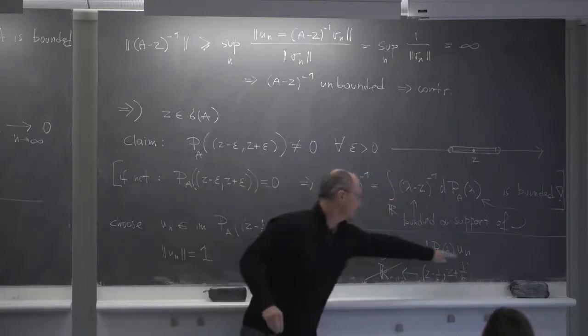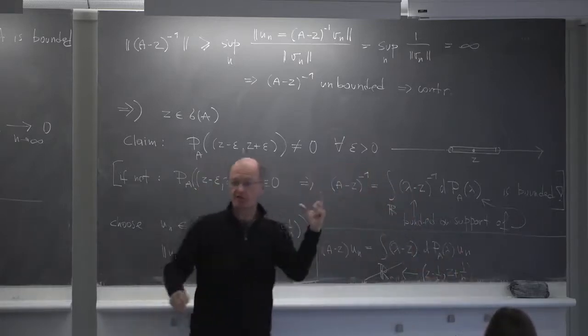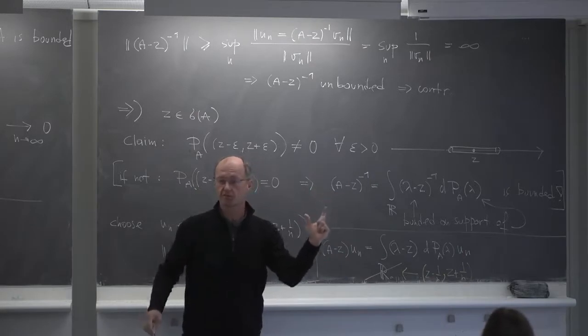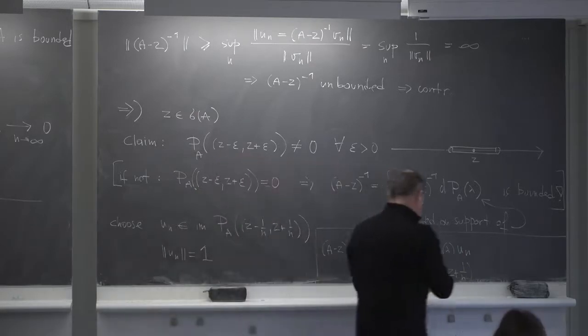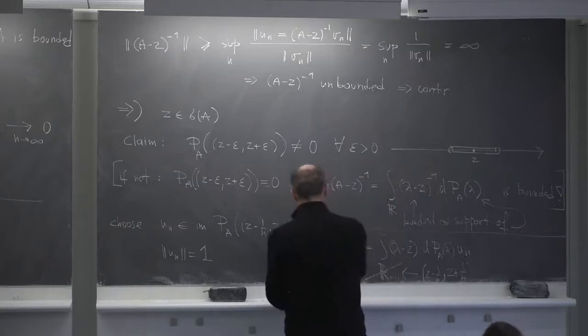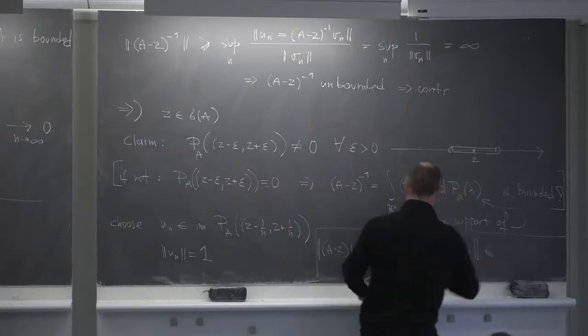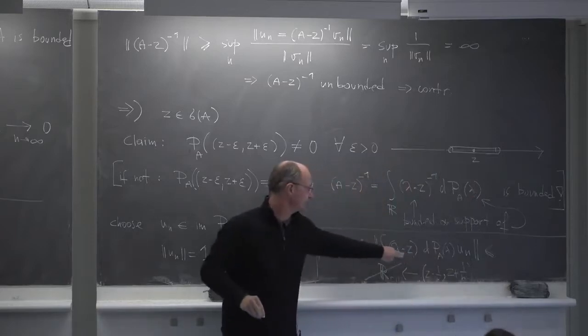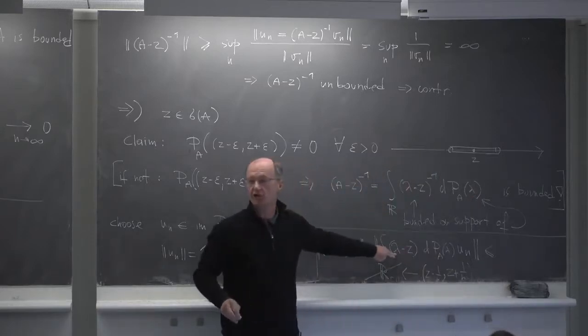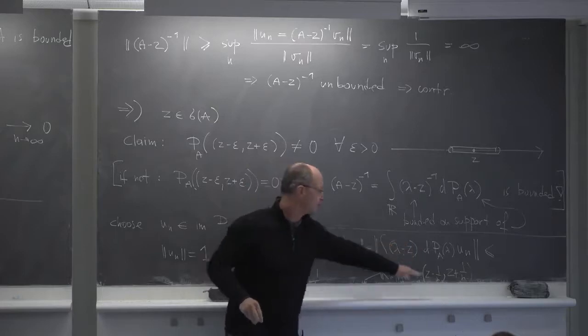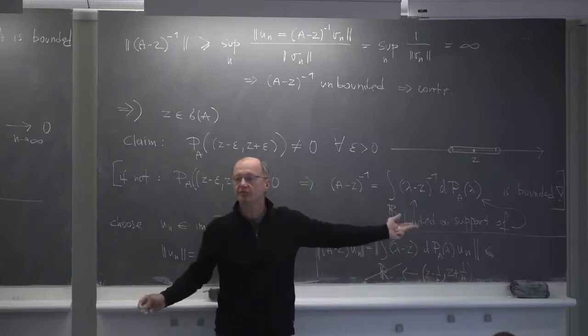That's because this guy is in the image of that spectral projection. But then if I want to estimate the norm, I can now estimate it using this function. The absolute value of this function here is bounded by 1 over n, right?